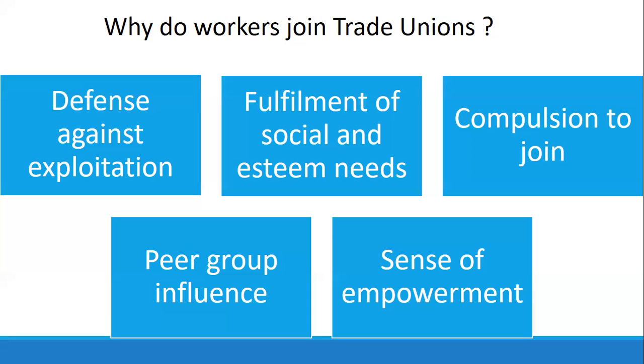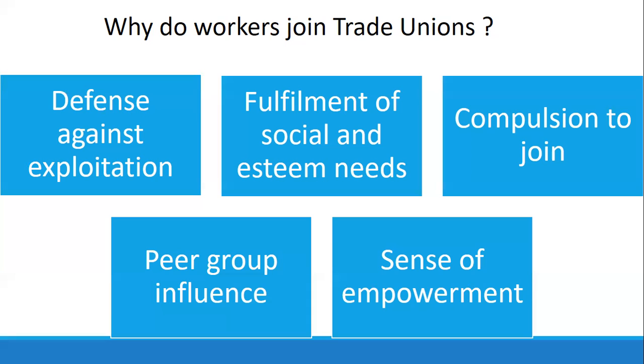Let us take one example. For example, the friends and colleagues may prevail upon a non-union employee to join the union. When the unionized friends put constant pressure, the employee may ultimately yield to such pressure and decide in favor of joining the union.